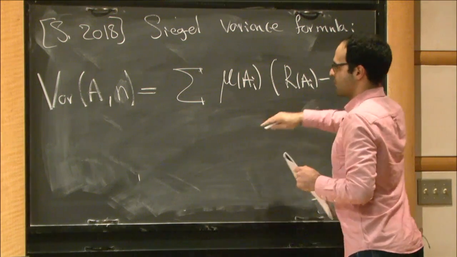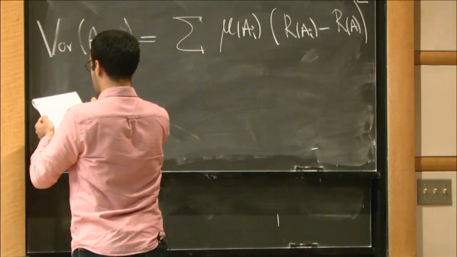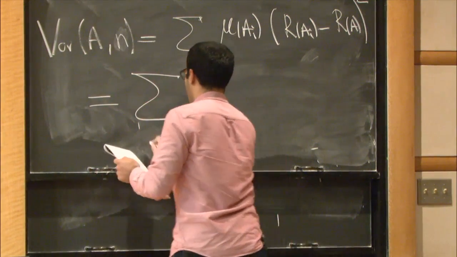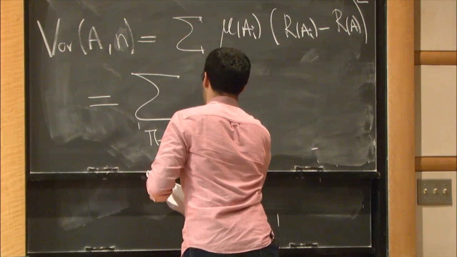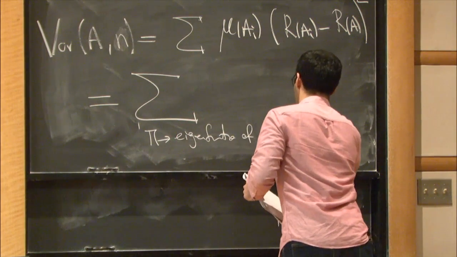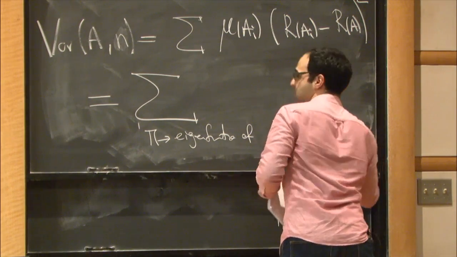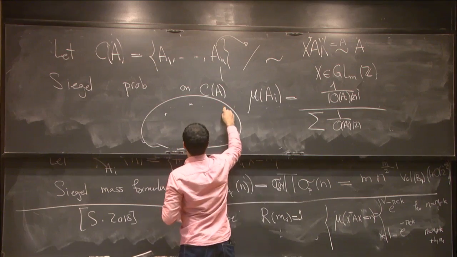It's the variance of the representation number with respect to the Siegel probability measure. This has a nice formula. It's a sum over pi. These are eigenfunctions of what's called a Kneser graph. There is a graph structure on this set of points. I told you this is a set of points, but in fact you can use Kneser.